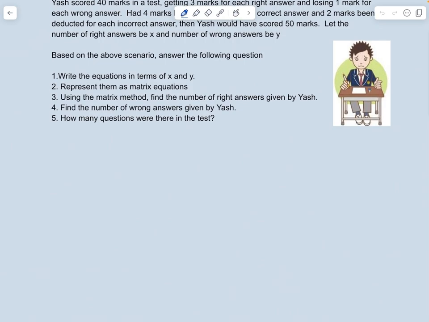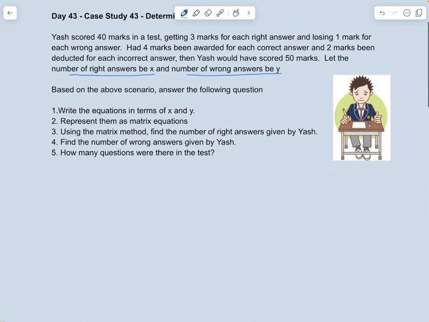Question 1. Write the equations in terms of x and y. As per the question, the number of right answers is x and the number of wrong answers is y. Case 1.